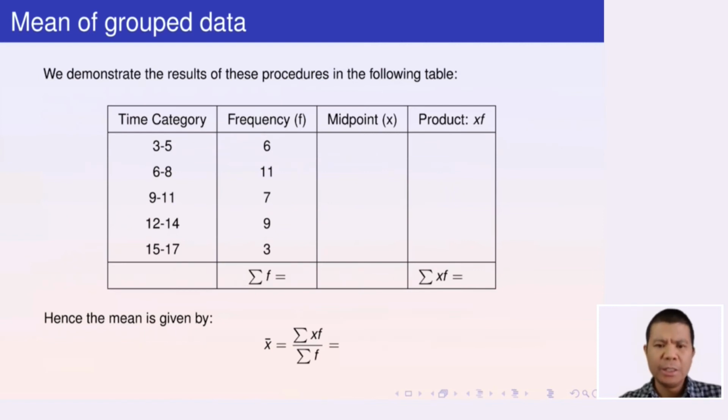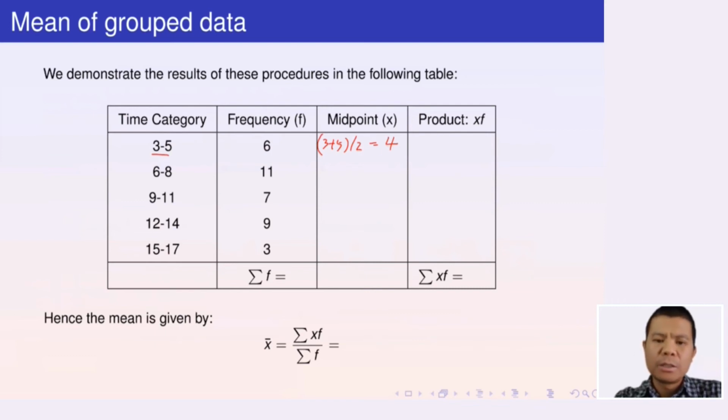Again, this is the frequency distribution table we just talked about, and let's show how we can find the mean. You can add another column here to list all the midpoints. What is the midpoint for the first one? As we calculated, this is 3 plus 5 over 2, which equals 4.